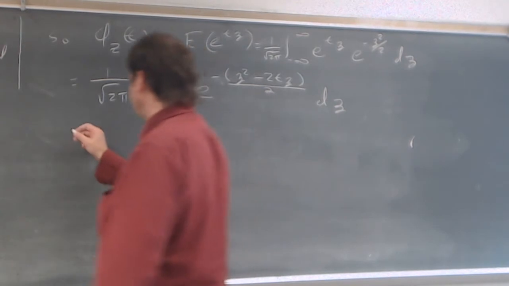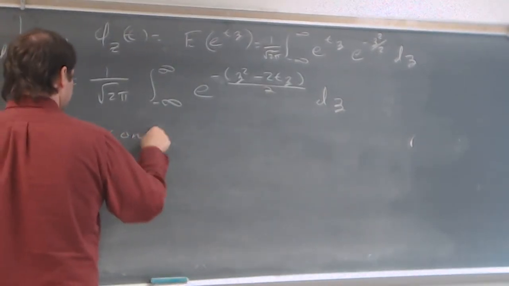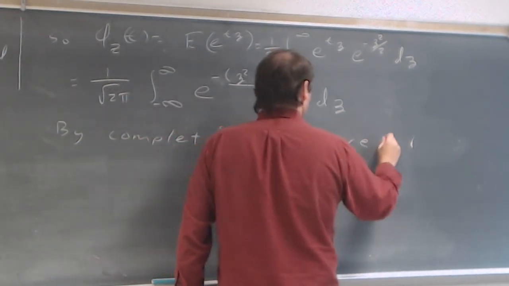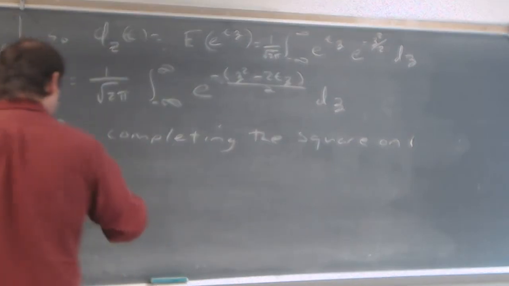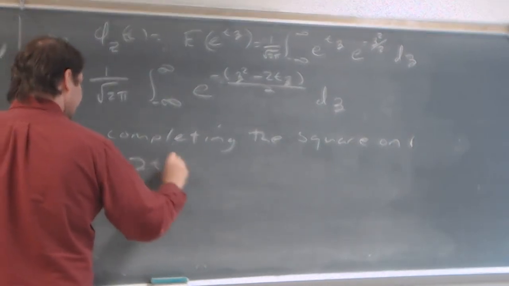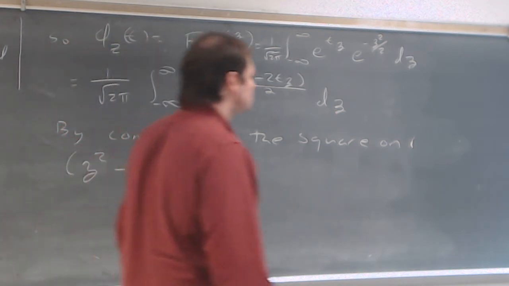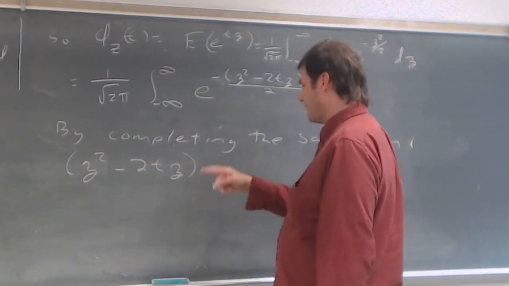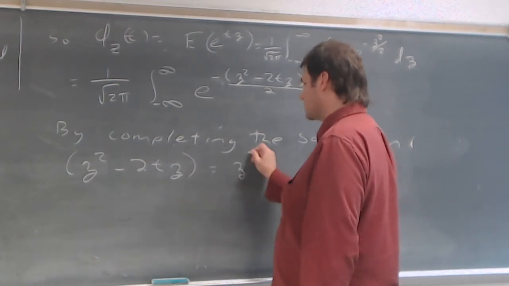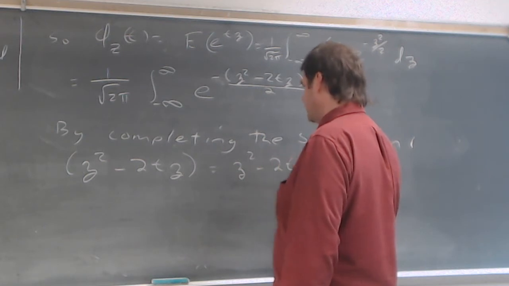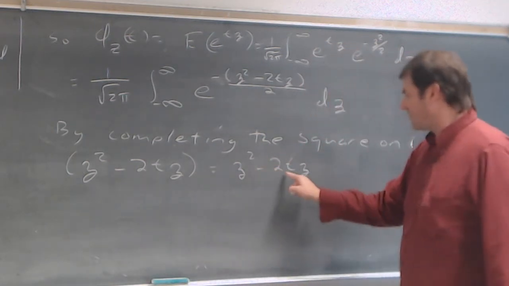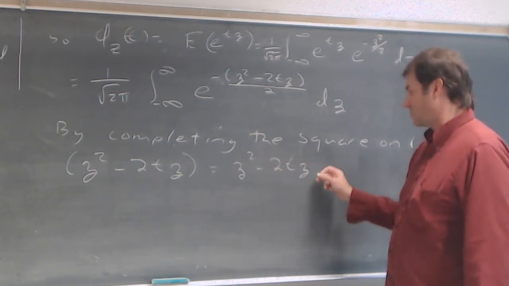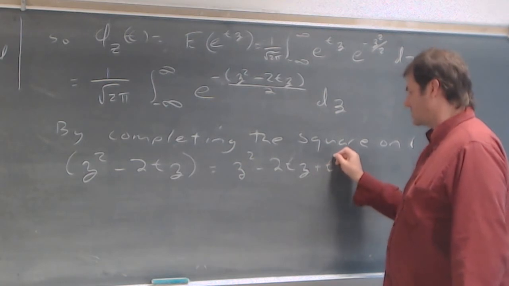Now, completing the square on the quantity z squared minus 2tz, we have z squared minus 2tz. What you do is you take half of the number out front of z, and square it. So half of this is minus t, and you square it, so you put a plus t squared.